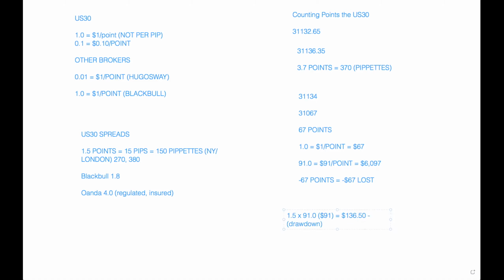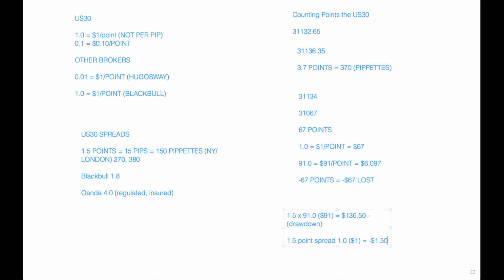So the bigger your account gets and the larger lot size you're playing, the more significant your drawdown is when you first enter a trade. If you were playing with just a smaller lot size on a smaller account, if you started off the trade with a 1.5 point spread, and you were playing a 1.0, which is worth $1 on my broker, in this case, you would start the trade negative $1.50.